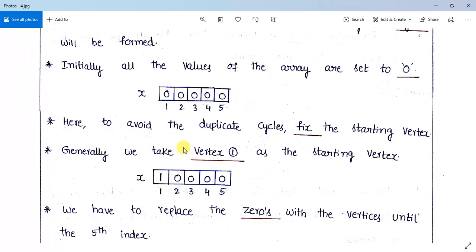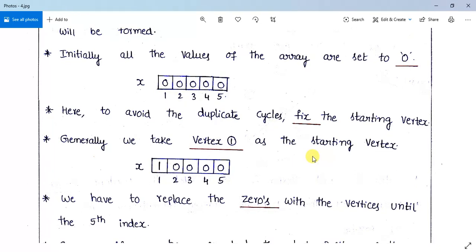One more thing, as we discussed previously, in order to avoid duplicate cycles you need to fix the starting vertex. I am going to consider the starting vertex as the first vertex itself, 1. So you write vertex 1 in the first box, because that is the starting vertex.